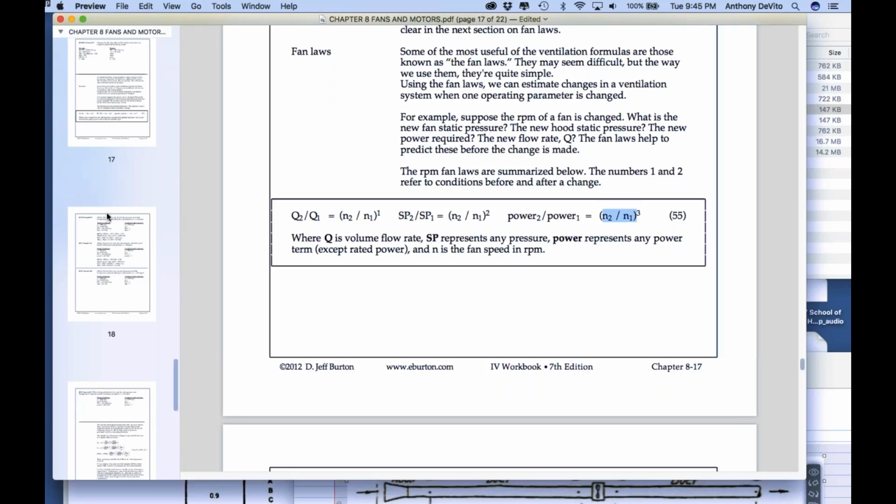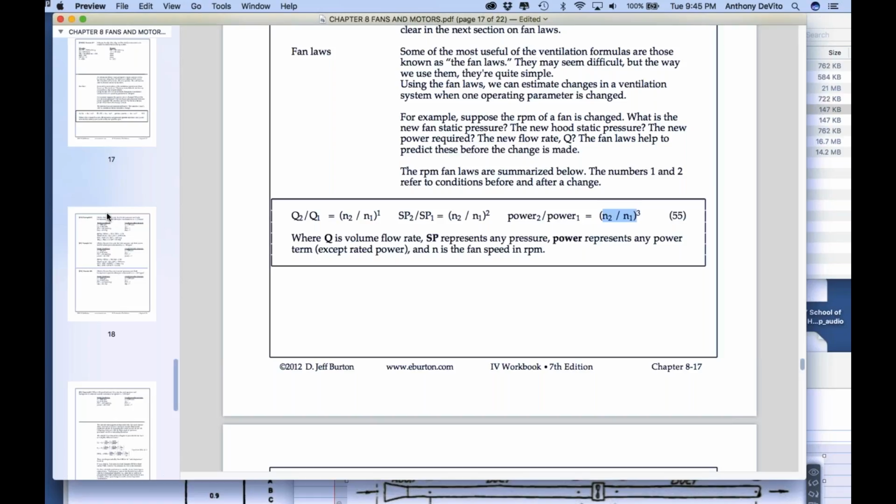You design a fan for a certain RPM. But a lot of times you go into a plant and they have an existing exhaust system that's not working well, not doing what it needs to do. So you have to evaluate how it's working and what you need to do to fix it. One thing you may need to do is change the motor and increase the RPM on the fan if they're not getting enough suction.